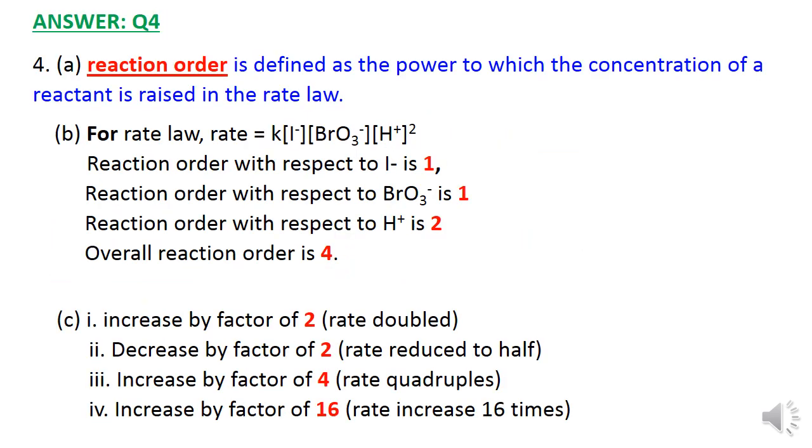So the answer for question number 4, 4A, the definition for reaction order: reaction order is defined as the power to which the concentration of a reactant is raised in the rate law.